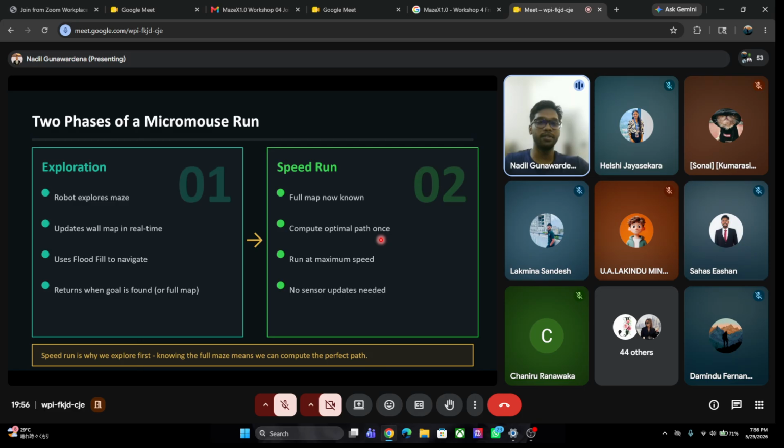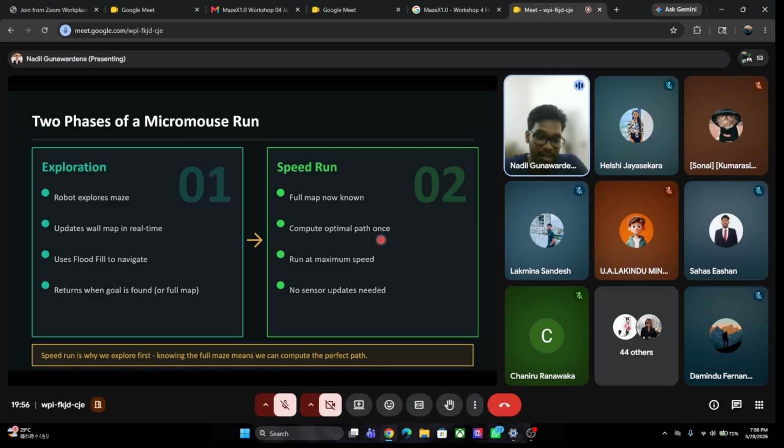And moving on to the two phases of the micro mouse run. There are two phases because of the competitiveness of the micro mouse competition. It is not enough just to solve the maze. You need to solve it fast.